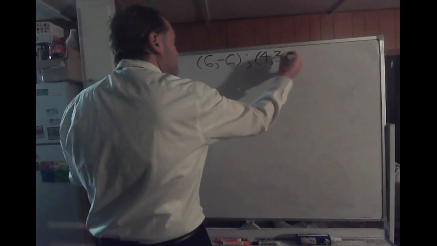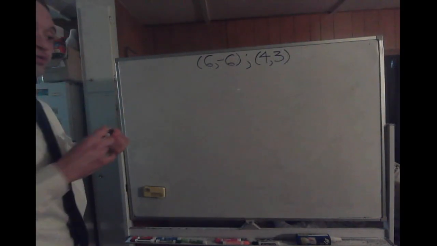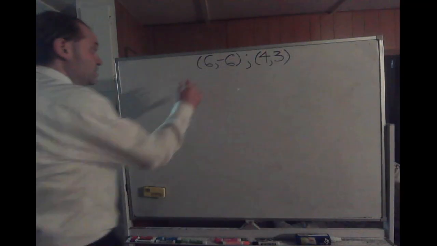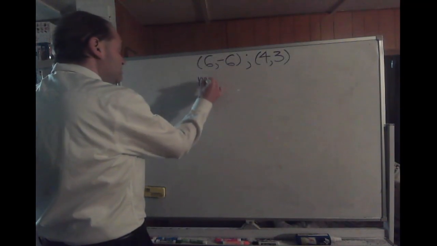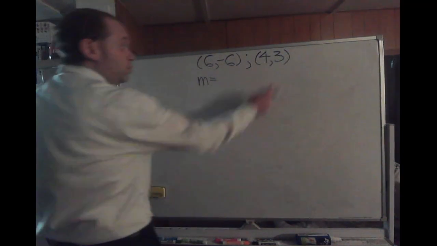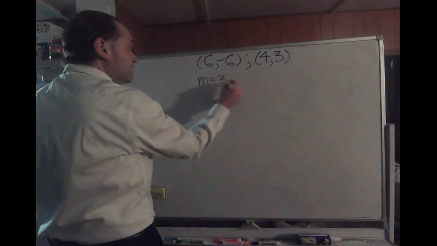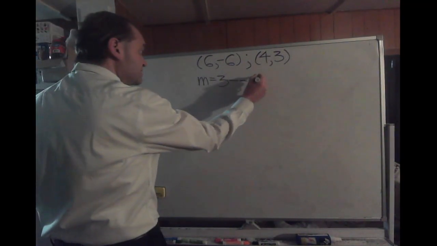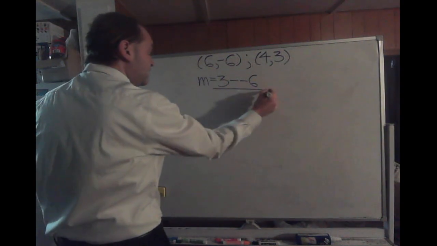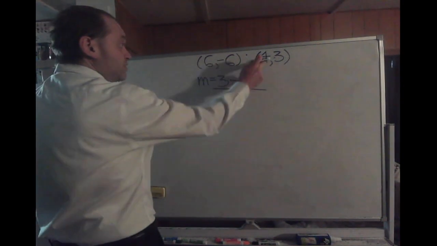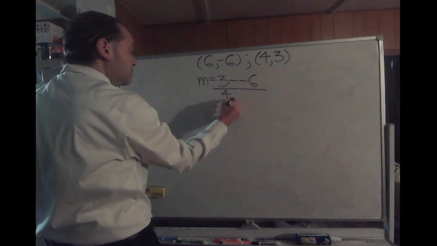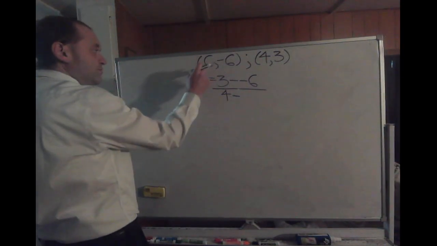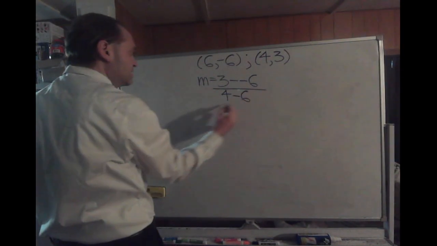So we have to find the slope of the line that goes through the points (6, -6) and (4, 3). Take your second y-coordinate of 3 minus your first y-coordinate of -6, divided by your second x-coordinate of 4 minus your first x-coordinate of 6.